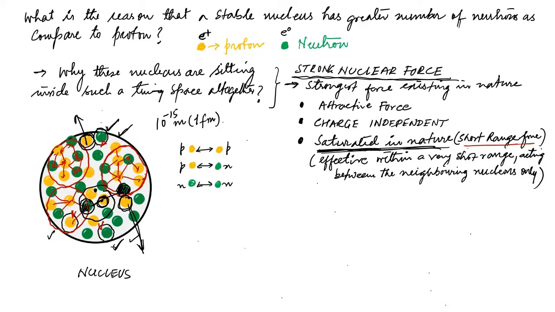These three properties, attractive in nature, charge independent, and most importantly saturated in nature, are responsible for explaining why the number of neutrons is greater than the number of protons for most of the stable nuclei that exist in nature.